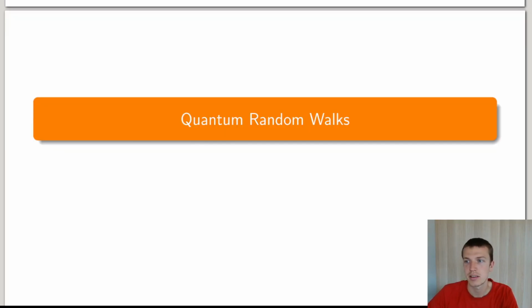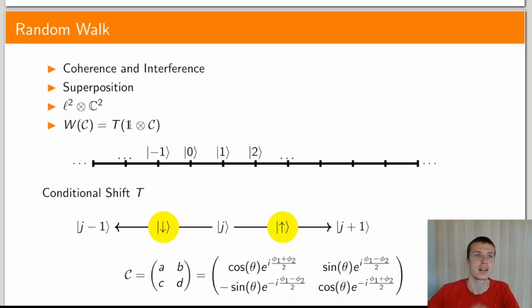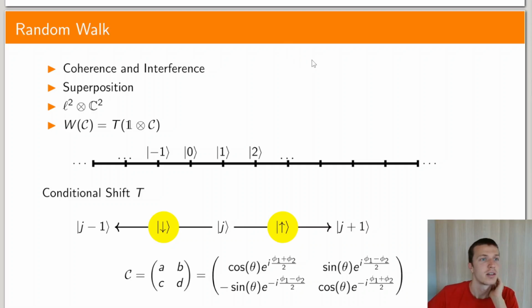So how does this go to the quantum world? Instead of being purely probabilistic, we now have superposition of different states. So the walker might be on different positions at the same time.